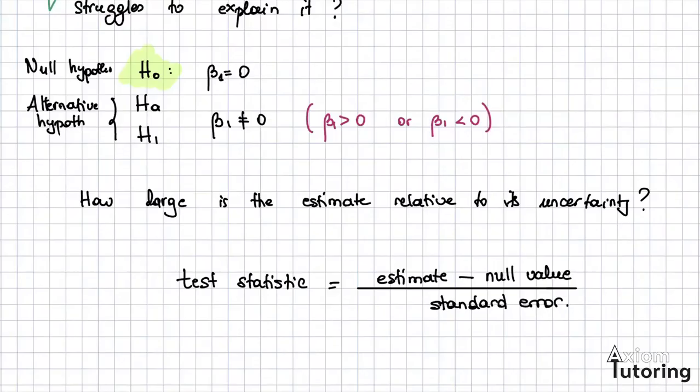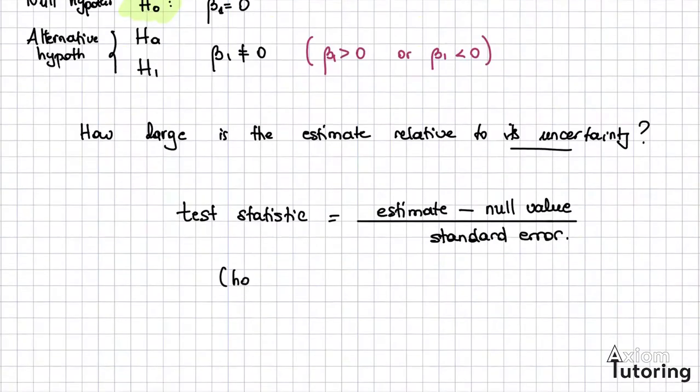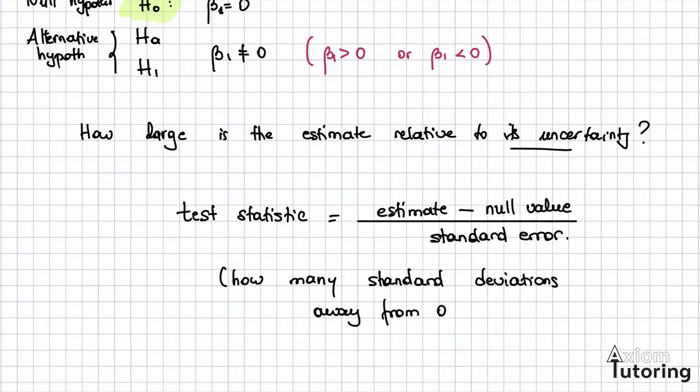Because remember, we're asking how large the estimate is relative to the uncertainty. This number is literally going to tell us how many standard deviations away from zero this estimate is. That's it. It is a distance, not a probability.